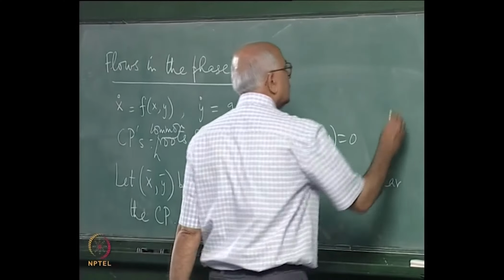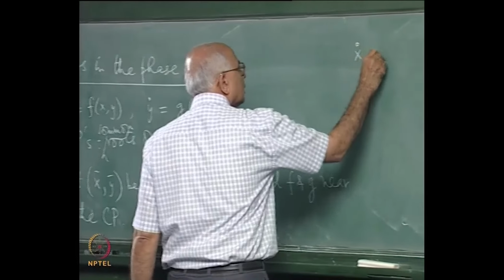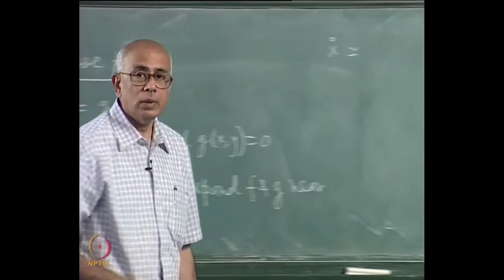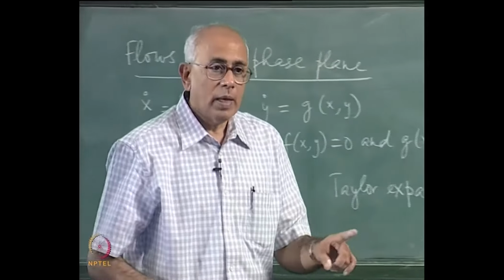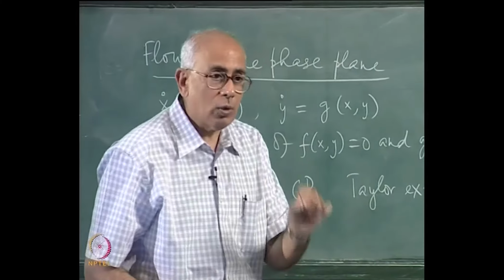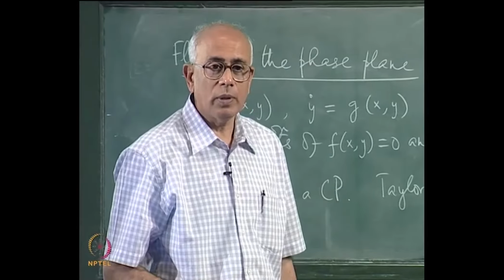What would you then get? You would get x dot is approximately equal to the leading term f of x bar comma y bar, which is 0 by definition because you are at a critical point, and what would the first term be?